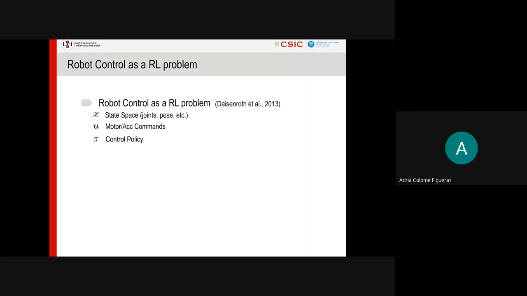In this case, the state space can be the joint configuration, the poses of the robot, etc. And the actions will be the motor or acceleration commands. They can also be the desired trajectory. And we have a control policy pi, which, given a state, decides which is the best action to take.